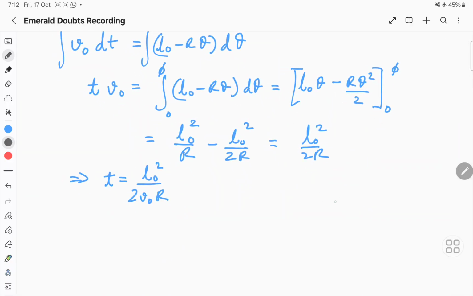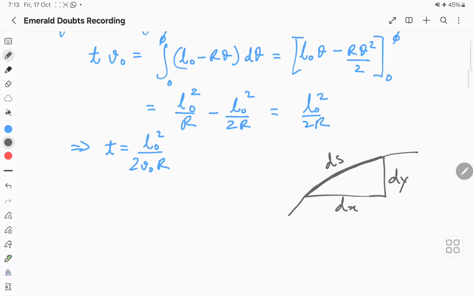The equation of the trajectory can be given as, what's the length of the trajectory? The length of the trajectory, say this is the trajectory, this is your dx, this is your dy. So this length added, say ds integral, is the length of the whole trajectory.